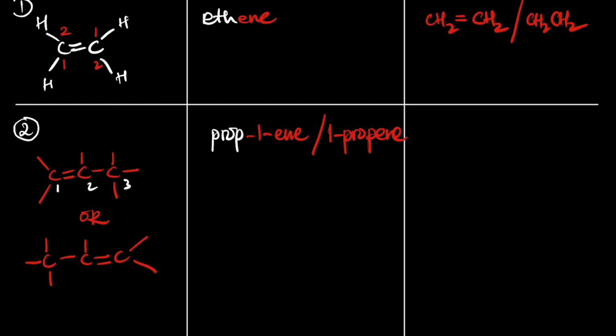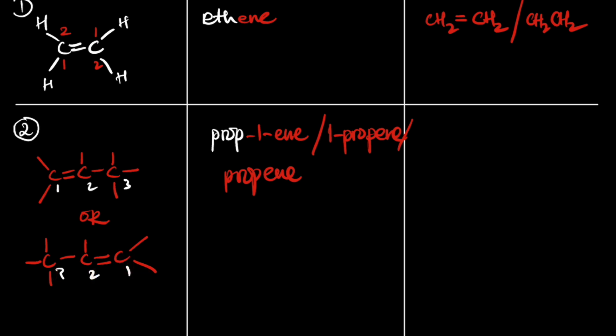That means it's in carbon 1. Or you can just say propene, because even if it's here, or just like this one, it's propene, because this is going to be carbon 1, 2, 3. So whether it's here or it's here, it's in carbon 1 because it's going to be 1, 2, 3, because it's closer to this side, and this is going to be 1.